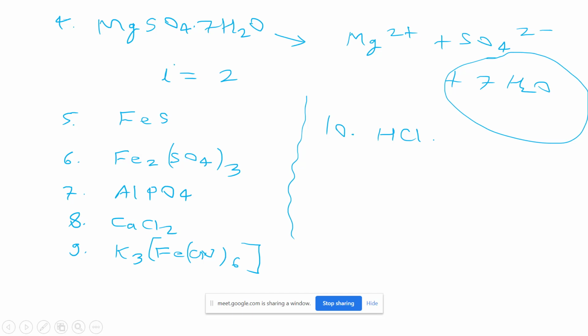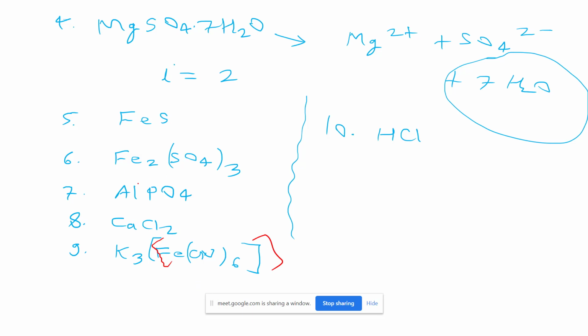Just remember one thing here. These are very easy examples. You see a square bracket here. This square bracket will never break. In case of a complex compound, you get this kind of square bracket, and it will not change ever.